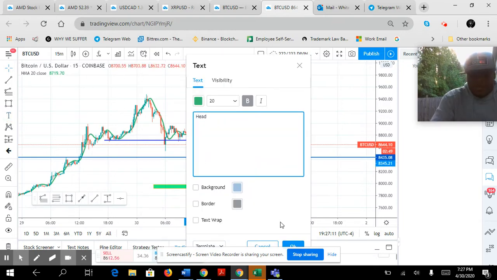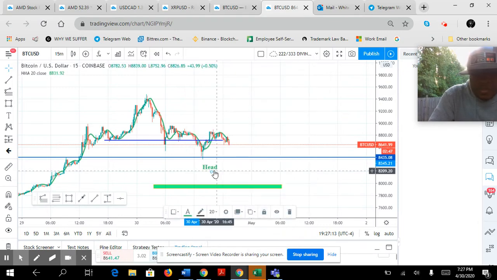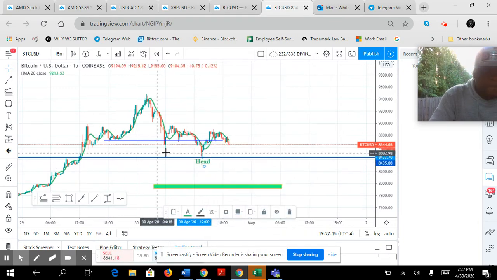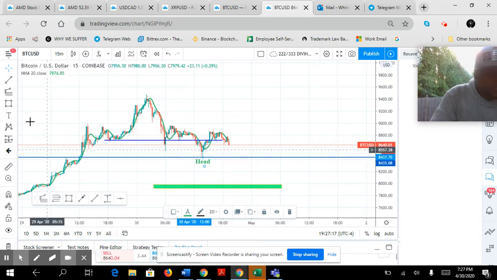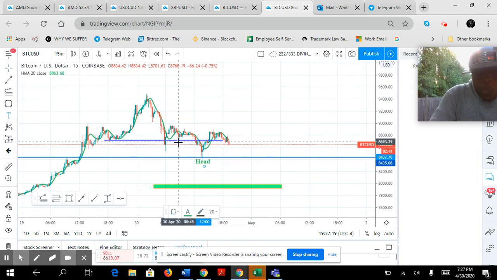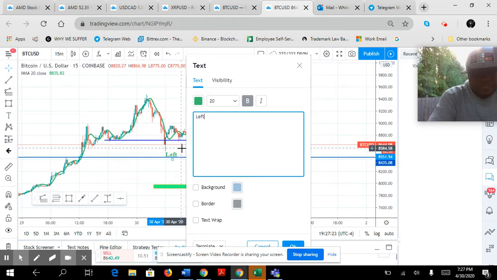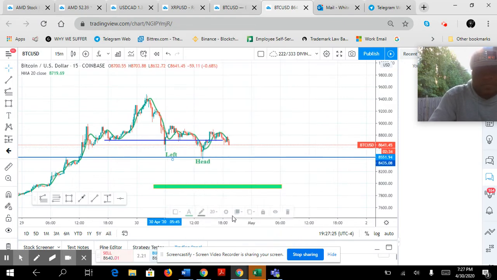This is the head. The inverse is the opposite. Get the head. What is this? Left shoulder, right here. And the right is forming right here.